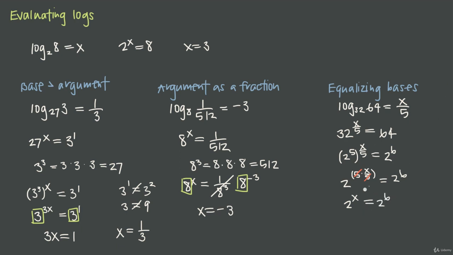The bases are equal. I have a base of 2 and a base of 2, which means the exponents have to be equal, so I can say x equals 6. So with x equals 6, I've solved this logarithmic equation, and I can say log base 32 of 64 is actually equal to 6 over 5. And so this equalizing bases technique is one more method you can use to solve all different kinds of log problems.